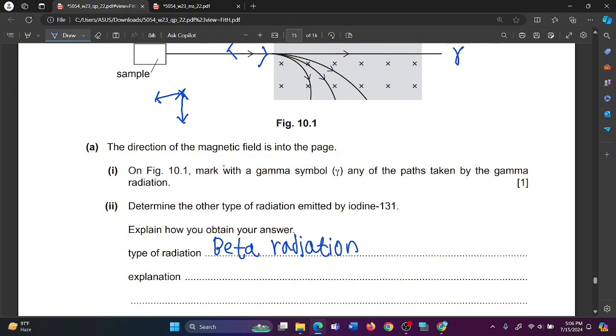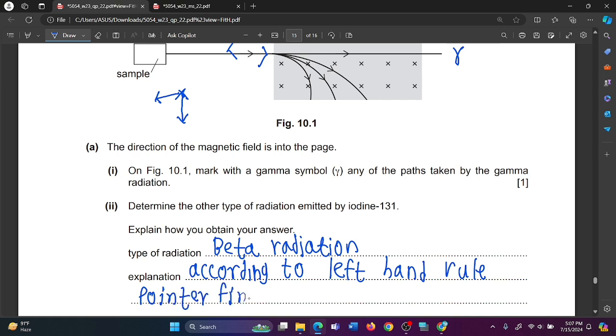Now I need to explain why we think it's beta radiation. Let's write: according to the left hand rule, pointer finger into the page and thumb pointing below.